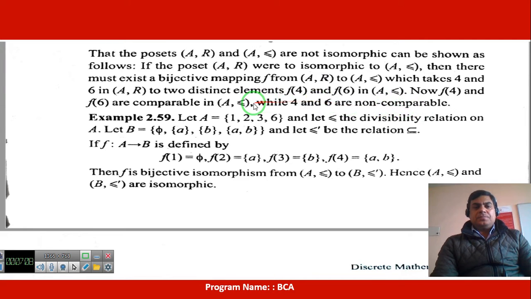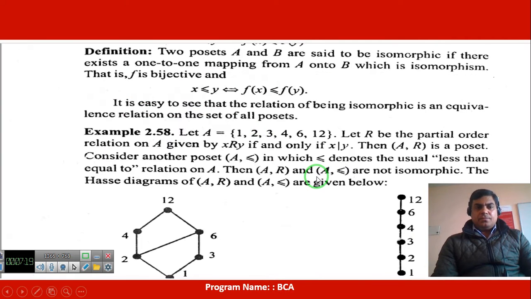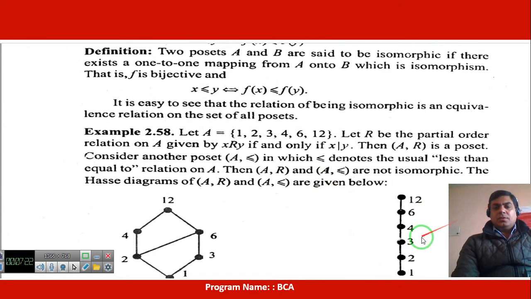The image of 4 and the image of 6 are comparable in this because they have a less than or equal to relationship, so they are comparable. 4 and 6 are comparable here, but 4 and 6 here are not comparable. Okay, because they don't have any comparable relation, because 4 and 6 are not bound in the divisibility relation.